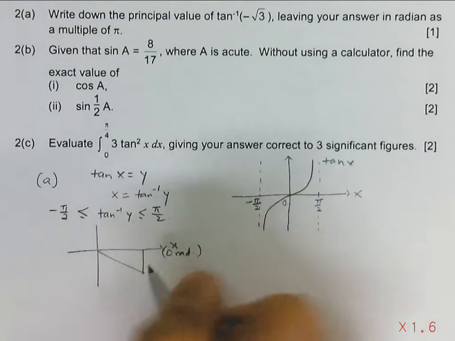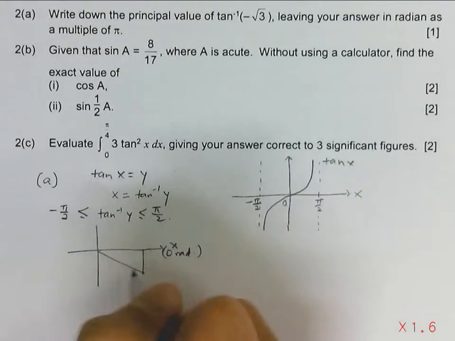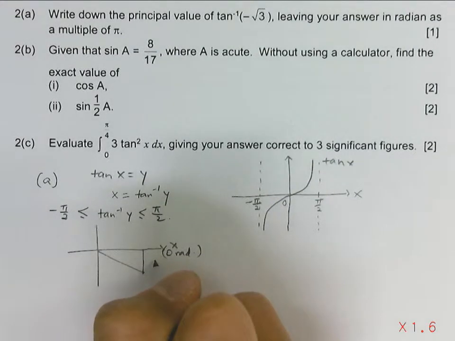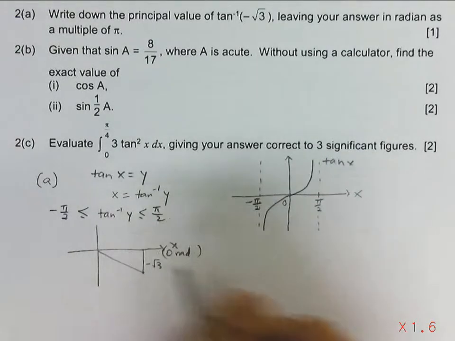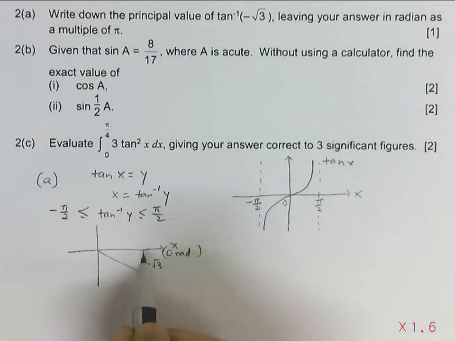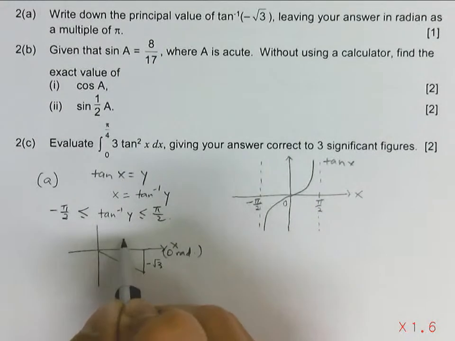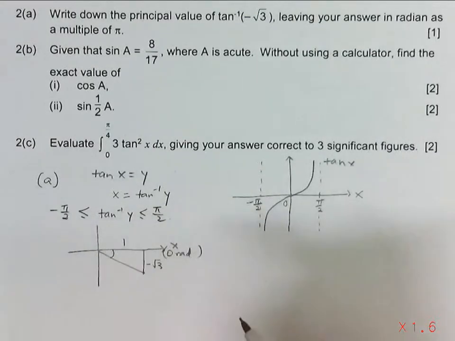Now negative root 3, so based on the ratio, this will be negative root 3 because this side is below the x-axis, over 1, which is the opposite over the adjacent side, since it is the tangent ratio.